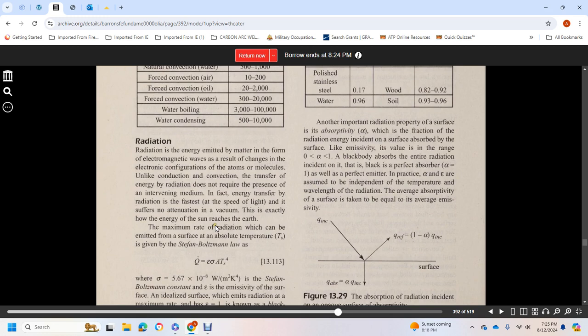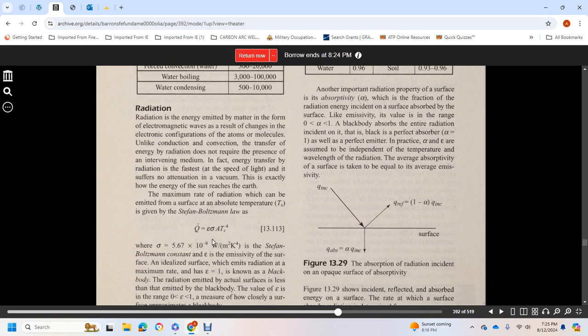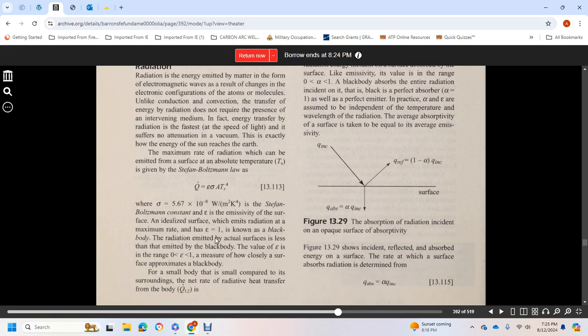The maximum rate of radiation that can be emitted from a surface at an absolute temperature is given by the Stefan-Boltzmann law, where sigma is the Stefan-Boltzmann constant and epsilon is the emissivity of the surface. The idealized surface that emits radiation at the maximum rate, with emissivity equal to 1, is known as a black body.